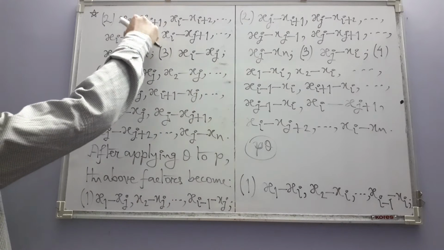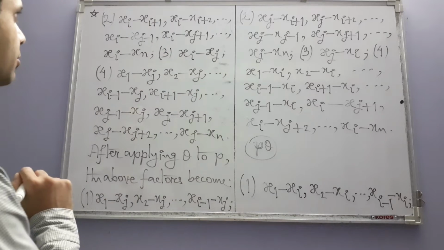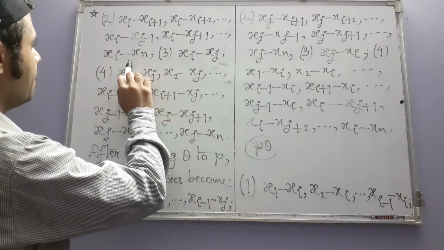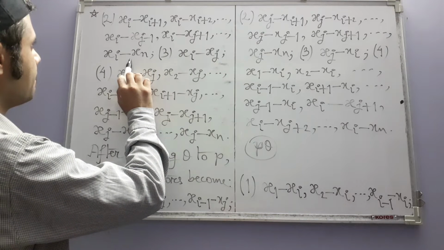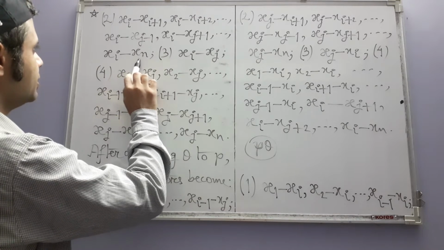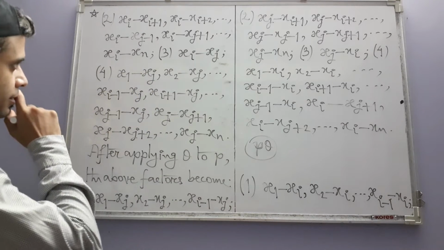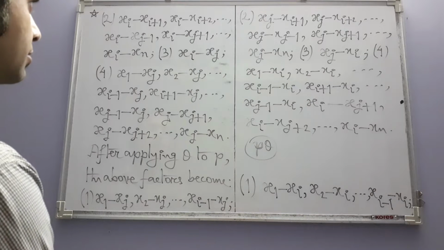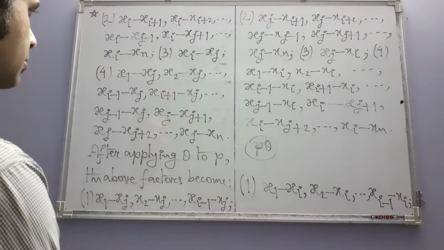Now let's look at this one. Here also things are going very well. So here also there is no problem. Have I made a mistake somewhere? Let me just see.